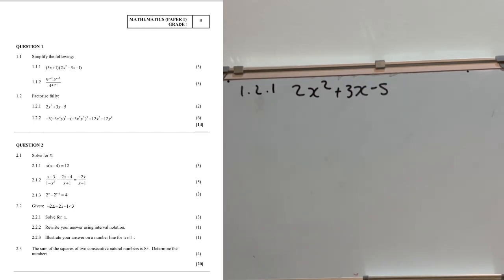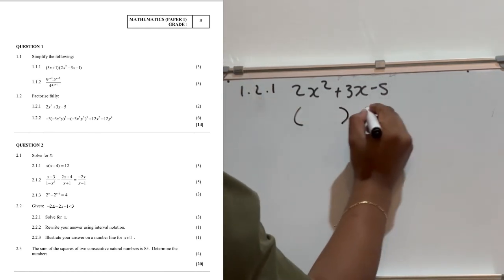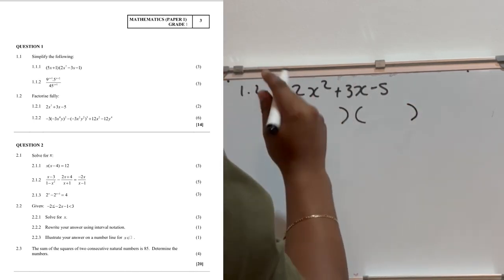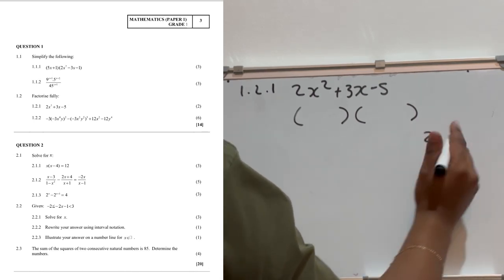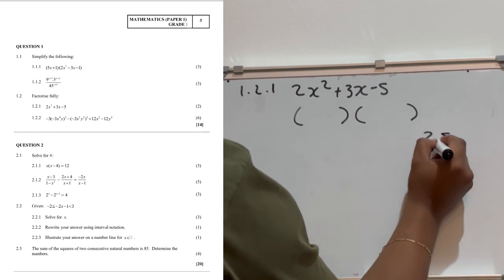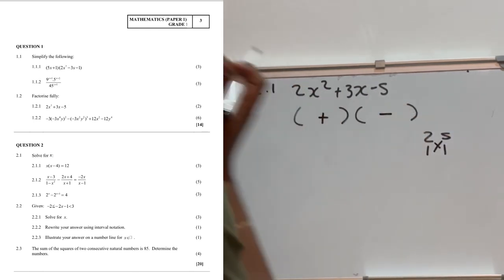Okay, so question 1.2.1 says factorize fully. The first thing we're going to do here, we're going to get two brackets. And we know the multiples, we can use the multiples of 2 and 1, and the multiples of 5 and 1. So if we cross multiply, if it's a minus, we have a plus and a minus bracket.